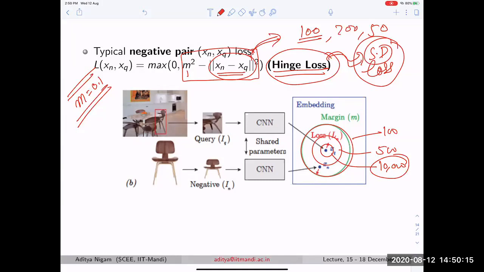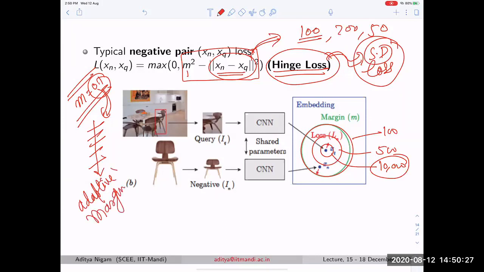So margin should start initially with some nominal value and keep on gradually increasing. That is why it is called adaptive margin. We will talk about this adaptive margin, but margin needs to be initially fixed. Any other question you can ask? Sir, in other words we can say that margin is the maximum tolerance of loss.